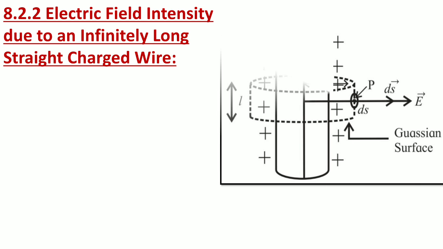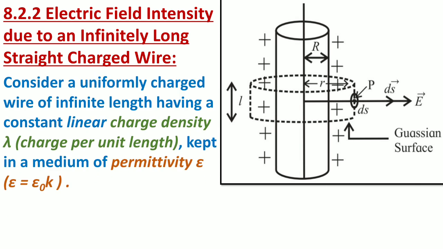As we are deriving the second application of the Gauss's law, that is electric field intensity due to an infinitely long straight charged wire, here we have to consider a uniformly charged wire of infinite length having a constant linear charge density lambda, that is charge per unit length.